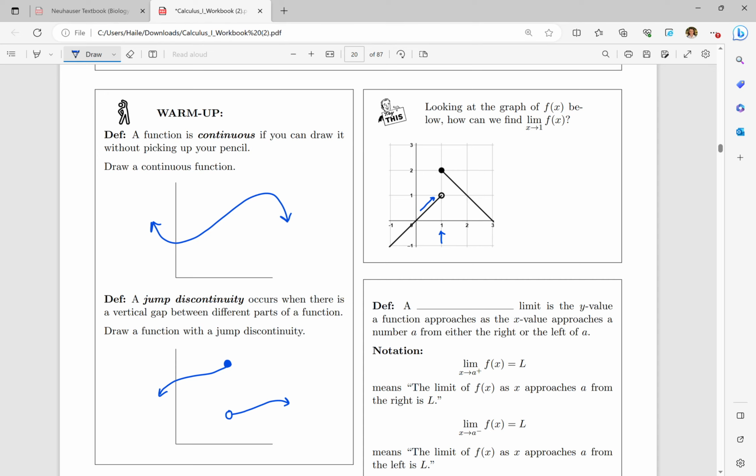But if we come in on the other branch, we would be really close to 2. So the y value at x equals 1 when we're traveling along the right branch is 2. Okay, so this is a problem: we get two different values.